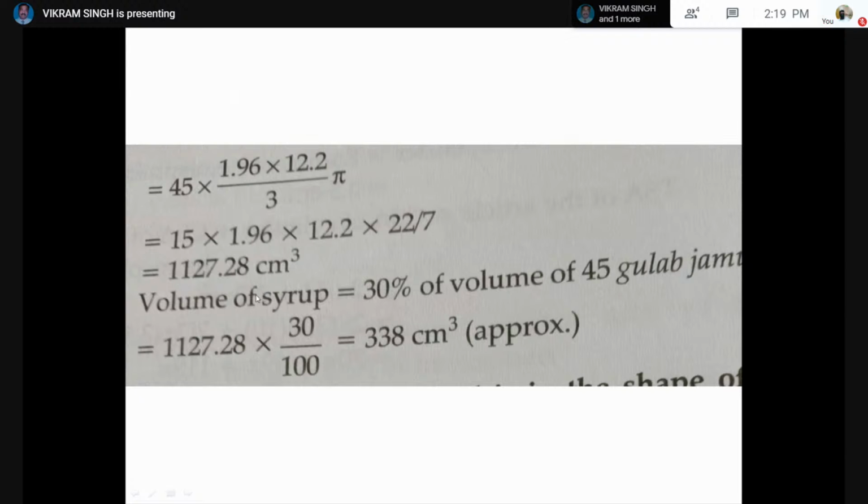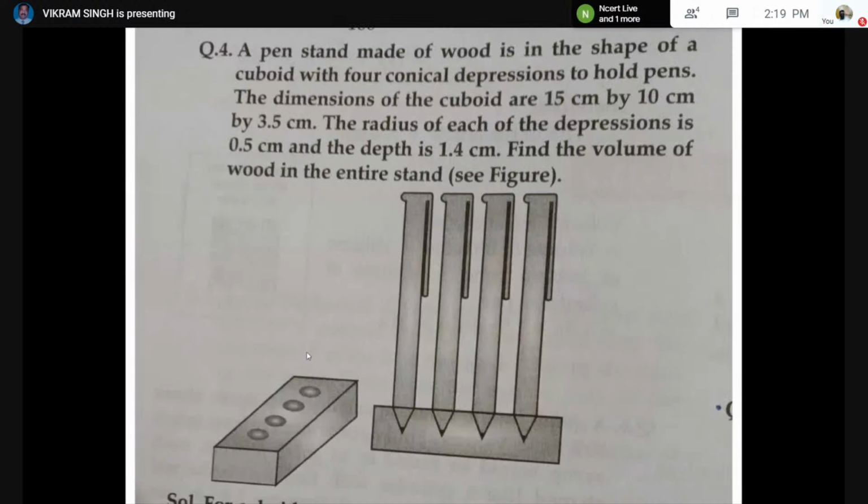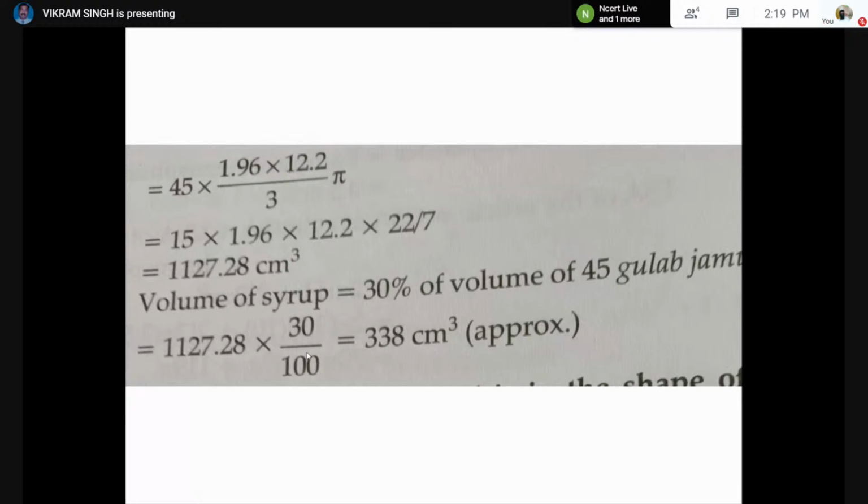According to the question, the volume of the syrup is 30% of the volume of the 45 gulab jamuns. So just take its 30%. 1127.28 multiplied by 30 upon 100, it becomes 338 centimeter cube approximately.